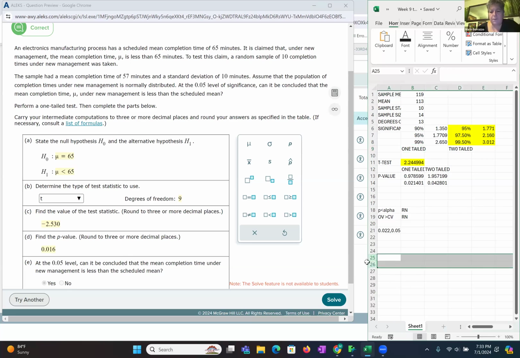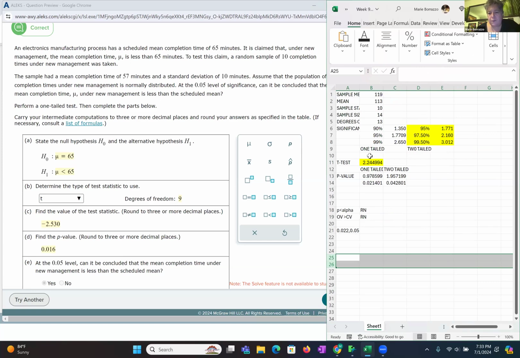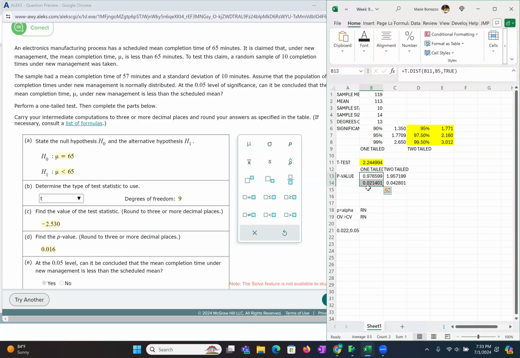Yeah, can you see it now? Okay. So you see here on this side where I'm going to highlight. This is the area below, this is the area above. I'm not seeing where you're highlighting. Let me just make my screen bigger. Okay. So what is your t-test? What does your sample mean? My sample mean was 119.